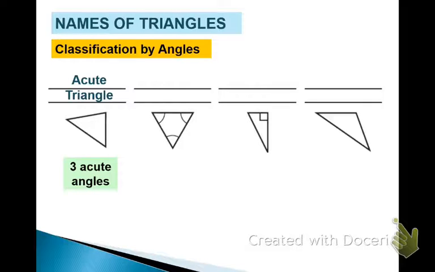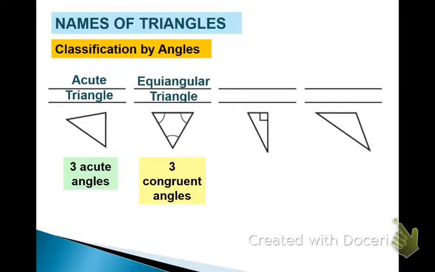All right, so what do we notice about this second triangle? What is happening with those angles? They're marked congruent. So if you have 3 congruent angles, they're not called equilateral, because lateral means sides. They're actually going to be called equiangular. Equiangular.